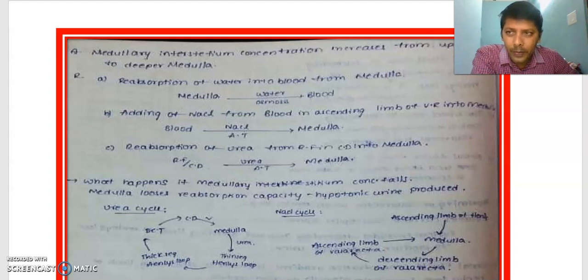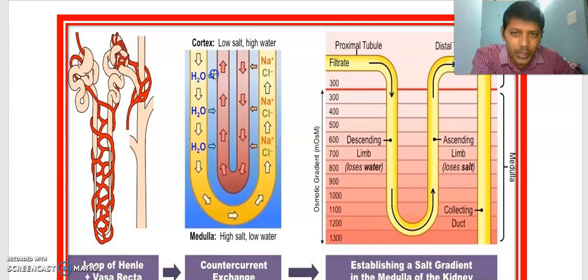Observe here. Reabsorption of water: if you see this part, water is taken by this part. Water is coming from this segment. What is this one? The descending limb of Henle. So that water is entering into the blood of the ascending limb of vasa recta. That is one thing.